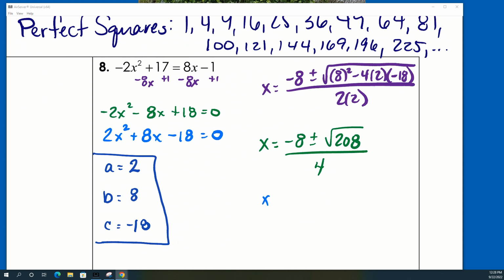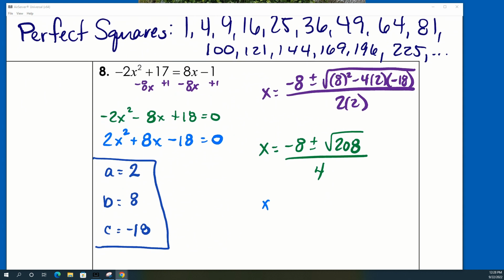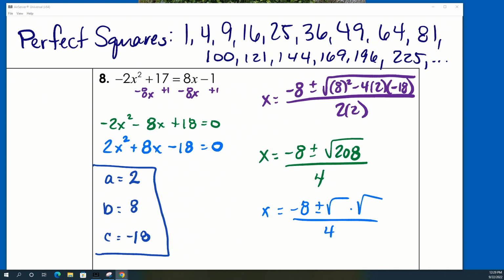So 208 is not in our list, but there is a couple of squares that divide evenly into 208. So we want to find the largest. And so you would kind of start towards the middle, start checking. The one that ends up dividing evenly is 16.